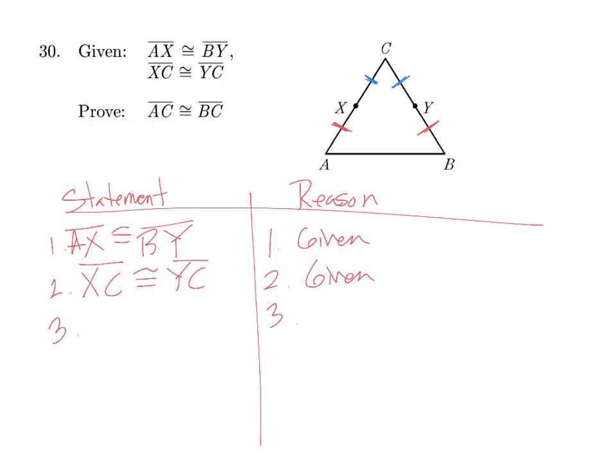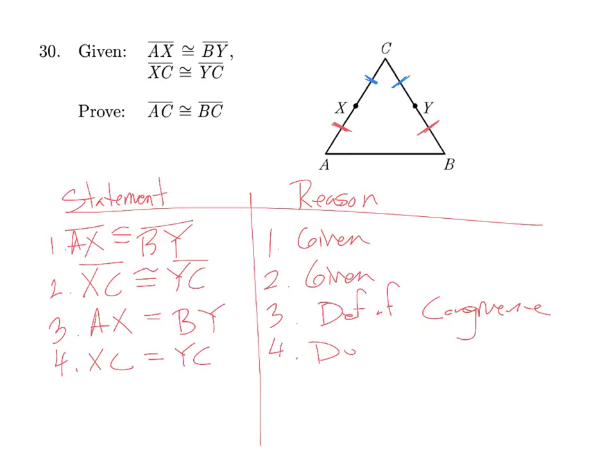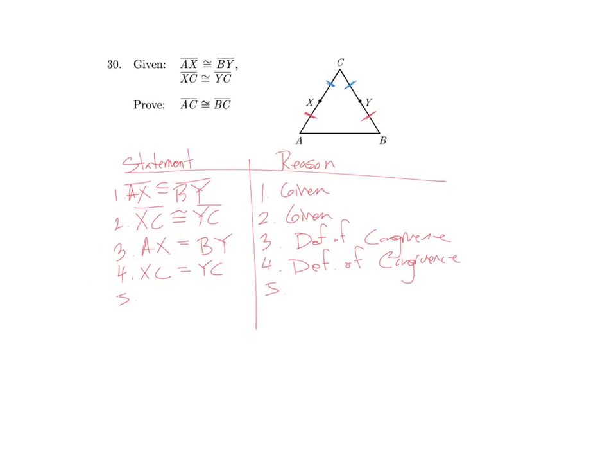All right, then I could go and convert these into being equal. That's definition of congruence. Then I have XC is equal to YC. That's definition of congruence. All right. And then I know that AC is equal to AX plus XC.